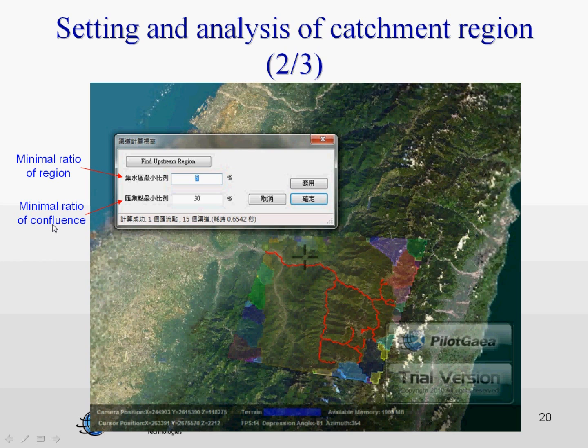If the user says the ratio is 5%, the threshold value after calculation is 500, which is the result of 10,000 multiplied by 5%. Then the regions less than 500 will be ignored. The result after ignoring will show the path of water flow that meets the demands of the user best.